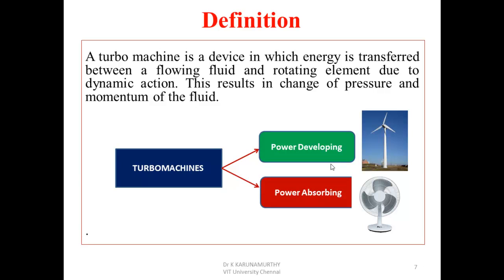Because with the help of the fluid we produce mechanical energy due to the movement of the fluid when it passes through this device, which we call a turbine. This is an example of a wind turbine. In this other case, we provide electric power to drive this fan, and because of the movement of this fan we get flow of fluid. So we have to provide power for this, which we call a power absorbing turbomachine, and the other is a power developing turbomachine.